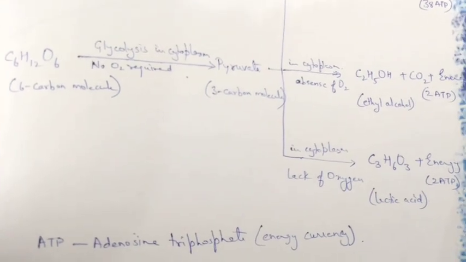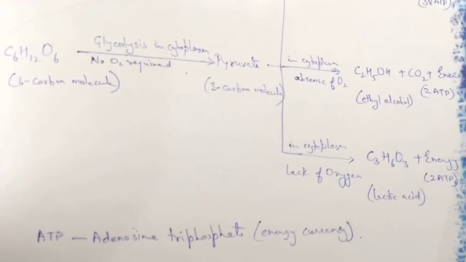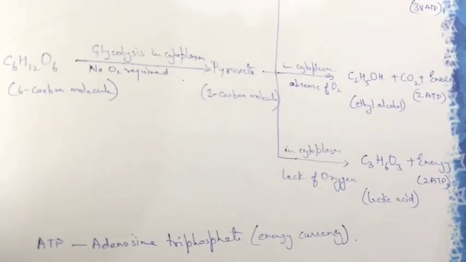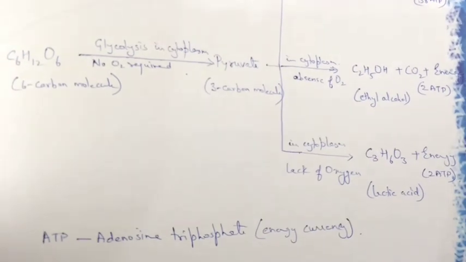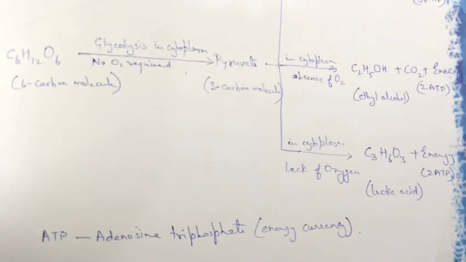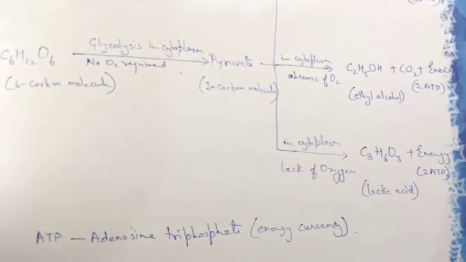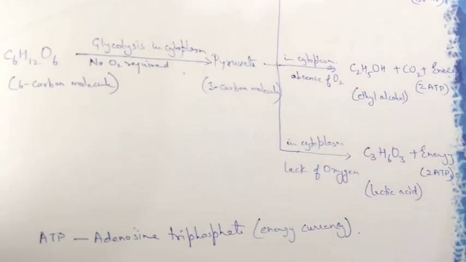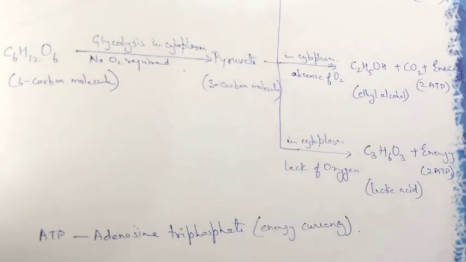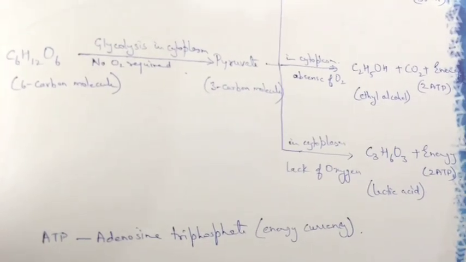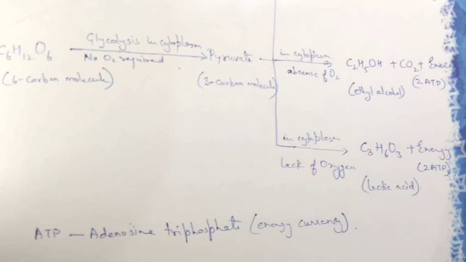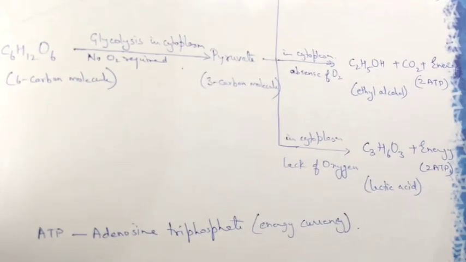Now, sometimes when we are doing vigorous physical exercise or hard physical work, the oxygen is used up very fast in our muscle cells, faster than it is received from the blood. Then, in the absence or scarcity of oxygen, anaerobic respiration takes place in our muscle cells to release energy.